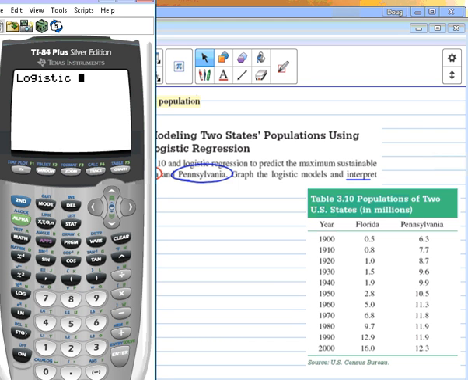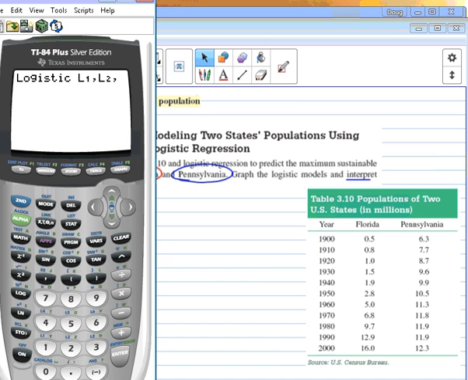So here we go. After I hit Logistic, I'm going to say list 1. So second 1 will give me list 1, comma, which is right above the 7, comma, list 2, second 2. I'm telling it it's list 1 versus list 2, comma. Then I'm going to go to the variables, and I'll be doing this a second time, so you can watch me again.